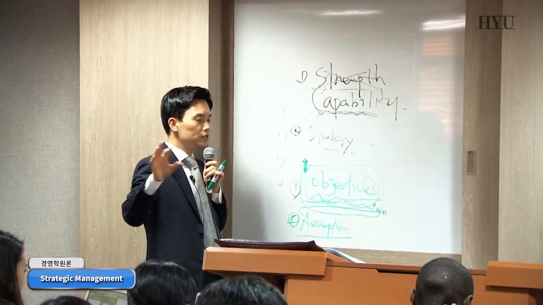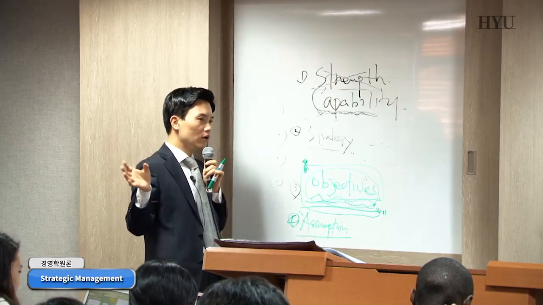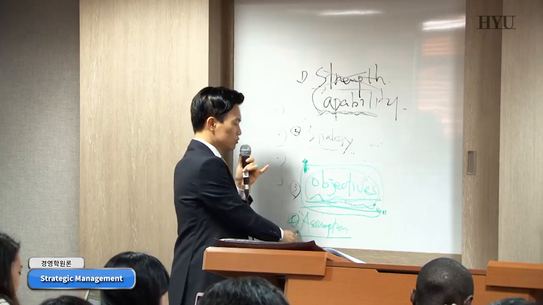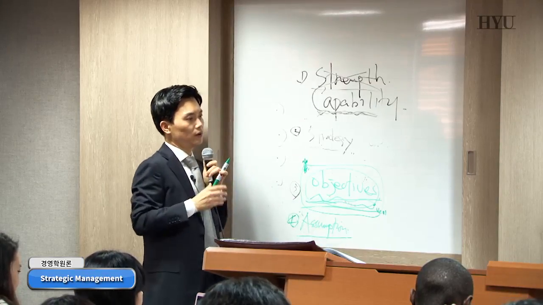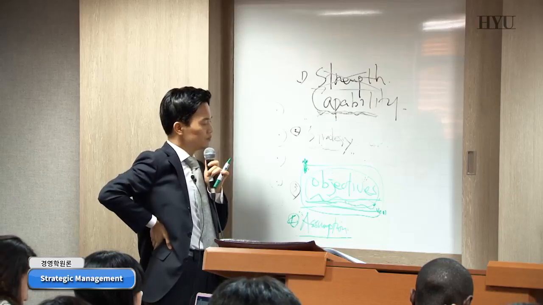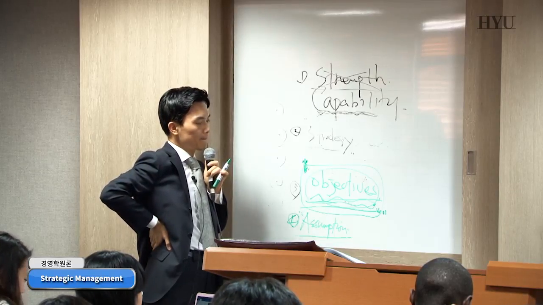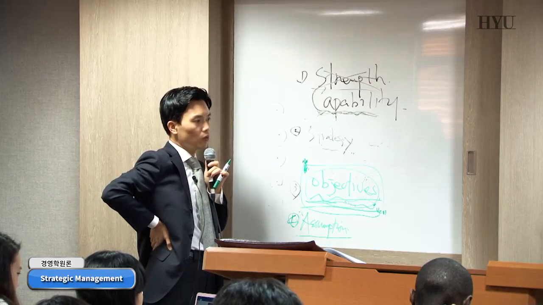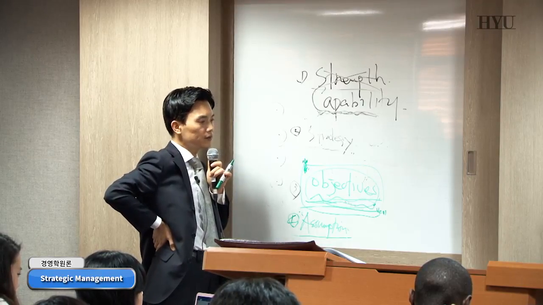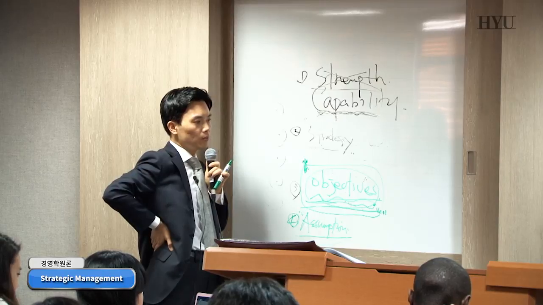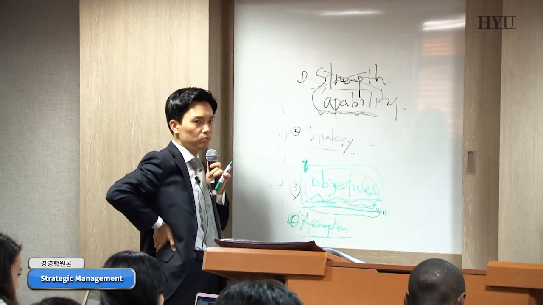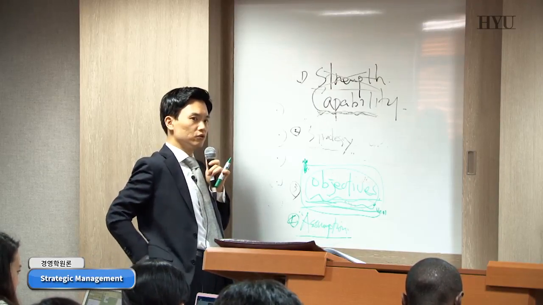So probably Intel may have thought that the assumption of Samsung Electronics about semiconductors is that the industry will be growing even more. Which means that Intel should prepare for more aggressive investments by Samsung in the near future.